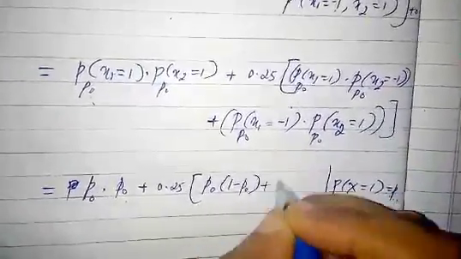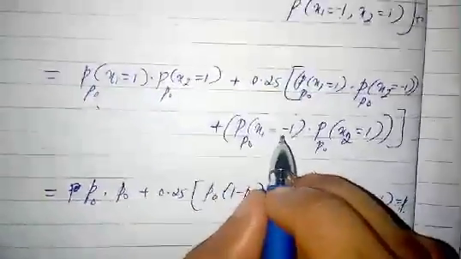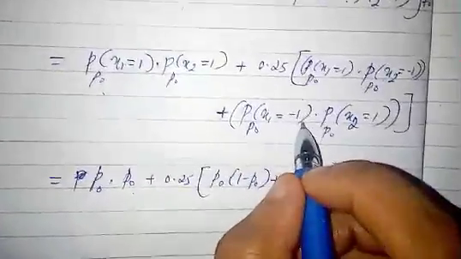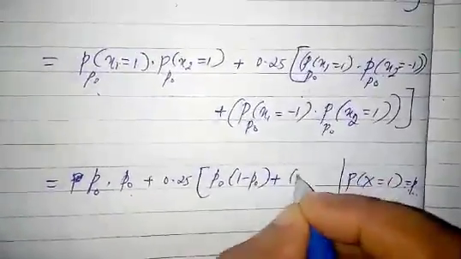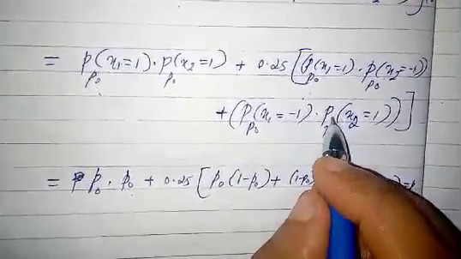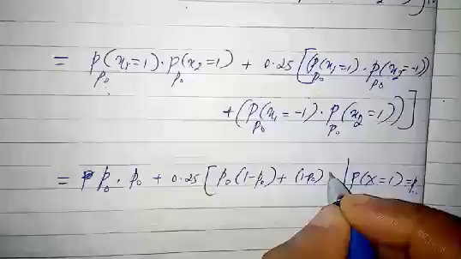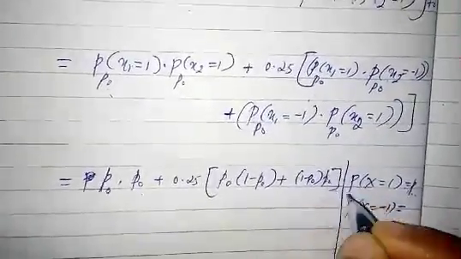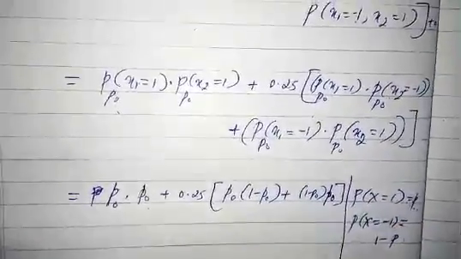Plus, the probability of x1 equal to minus 1 under p naught is 1 minus p naught, and then the probability of x2 equal to 1 is p, here p naught. Understood?